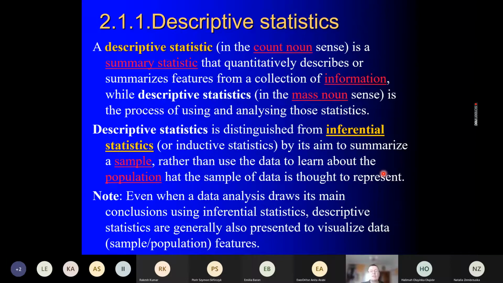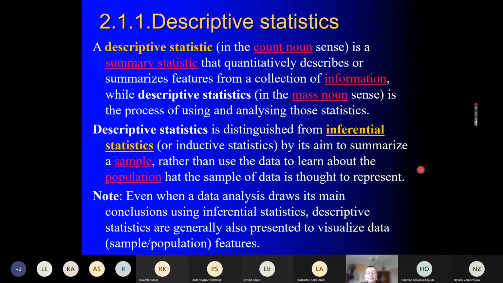And it's time now to define what descriptive statistics itself is. When we have already provided some insight about how to visualize our data, it's time to define what this finally is. We have our dataset, samples of population data could have very different features. So descriptive statistics gives us a quantitative description of features from a collection of our data.